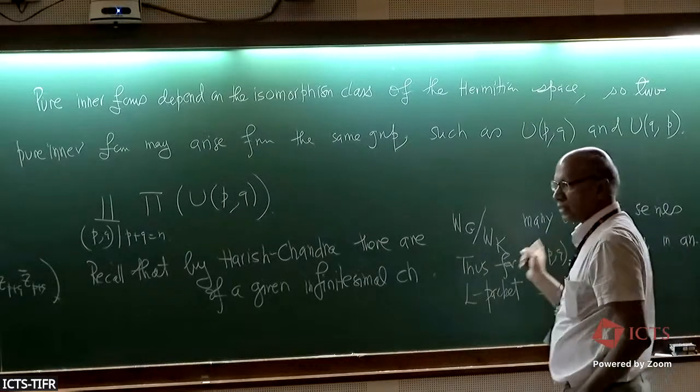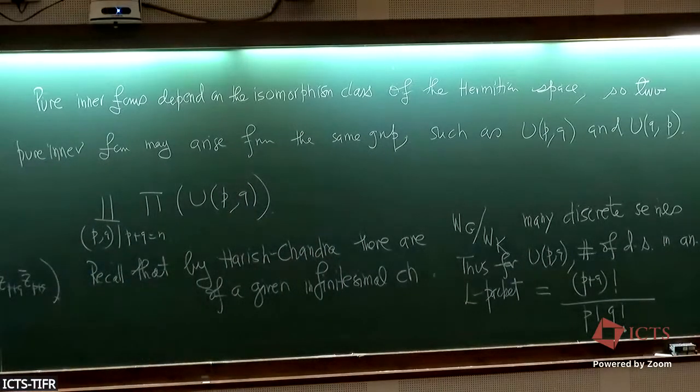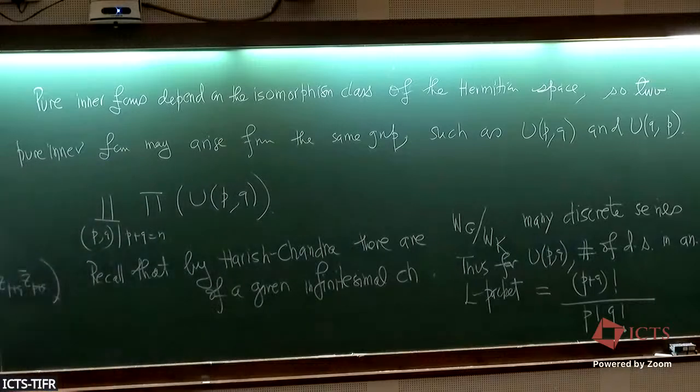So there are this many discrete series in an L packet on U(p,q). Then the Vogan L packet will consist of all the discrete series in all U(p,q), and therefore you have to add these numbers up. These are the binomial coefficients, and when you add them up, you get a nice expression for the number of representations in the Vogan packet for the unitary group.